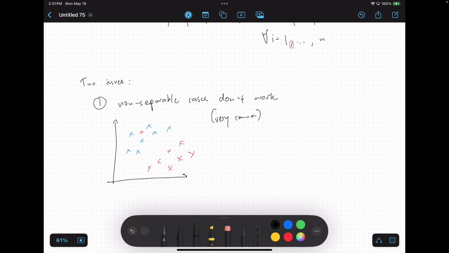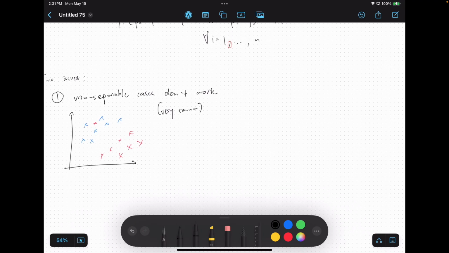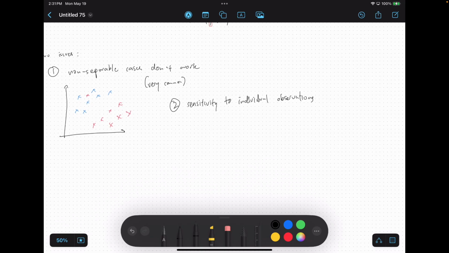And the second issue is that even if the points are easily separable, you have very high sensitivity to individual observations. So let's see here.